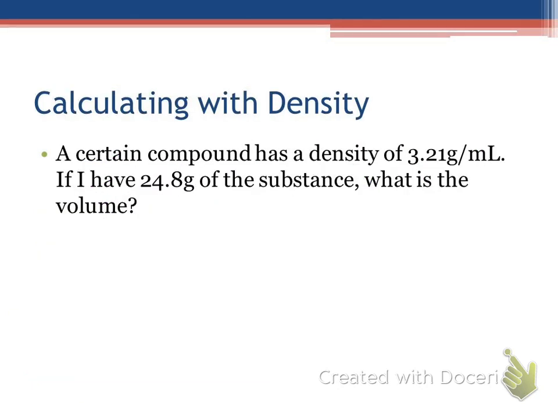Try this one here. We'll do this one together. A certain compound has a density of 3.21 grams per milliliter. I have 24.8 grams. What's the volume? That's what you're trying to solve for.